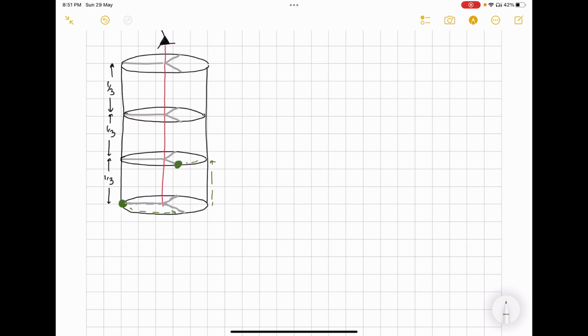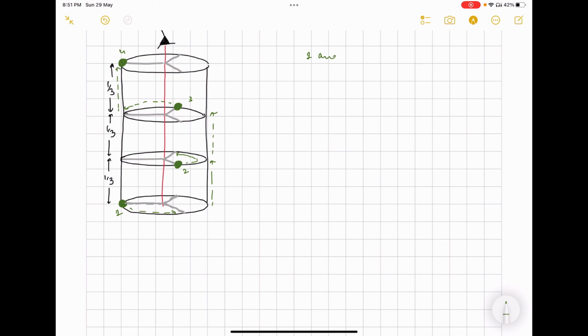Now this rotates by 120 degrees, reaches here, and then translates by 1 by 3 to reach here. And now this rotates by 120, reaches here, and then translates by 1 by 3 to reach here. So I have point 1, point 2, point 3, point 4.